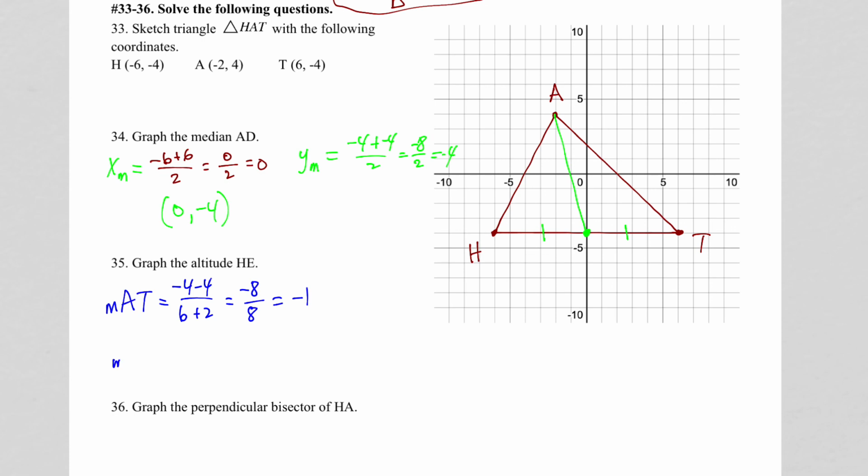So the slope of the perpendicular is the opposite reciprocal. The opposite of this is positive. The reciprocal of 1 is still 1. So that's the opposite reciprocal. From this point, we're going to rise 1 and run 1. This is like 1 over 1. So that's the point right there.